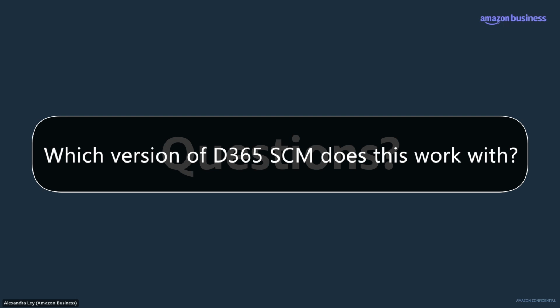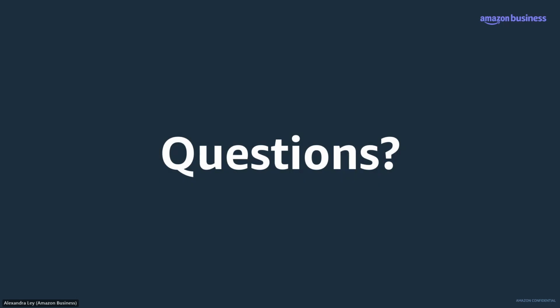So it's been in the product for a good number of years. Any current version since 2020, or if you're up to date, you can enable these capabilities. So whatever version you're on, you'll be able to use the same that we've demonstrated here today.